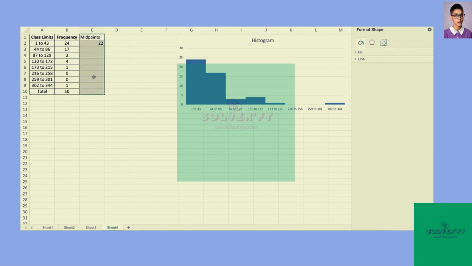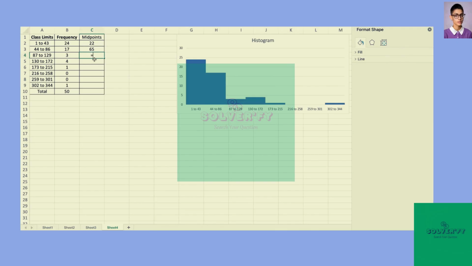I'm just going to put everything in the center and box it off so it looks nice and neat. Then equals, in parentheses, 44 plus 86, close my parenthesis, and divide by 2. That's 65.